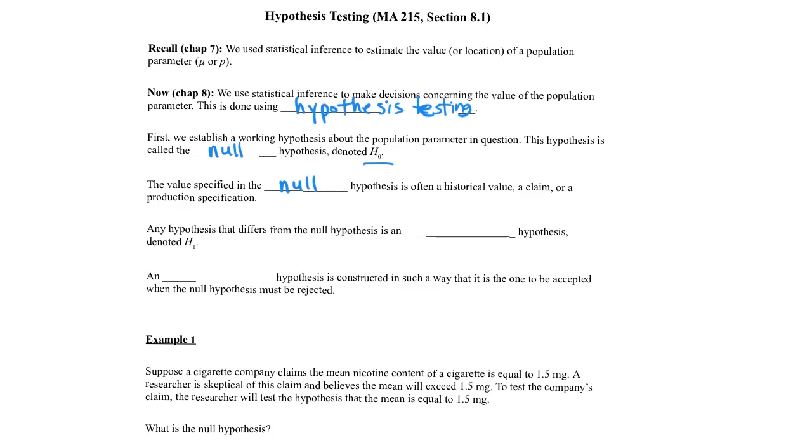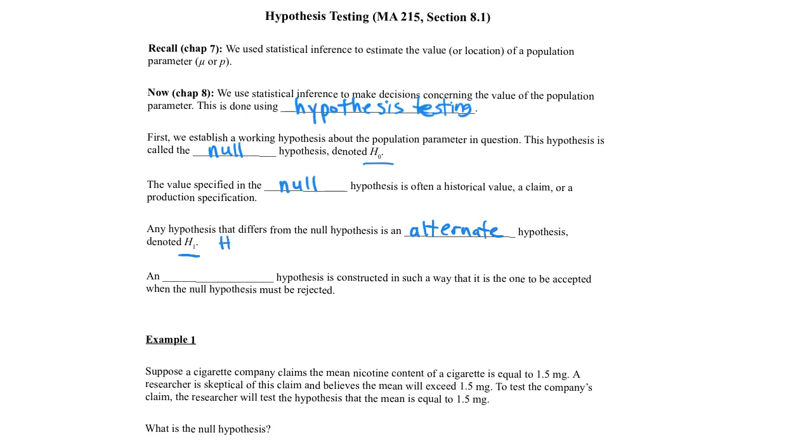And any hypothesis that differs from the null hypothesis is an alternate hypothesis, or sometimes called an alternative hypothesis, denoted H sub 1. Our book uses this H sub 1.